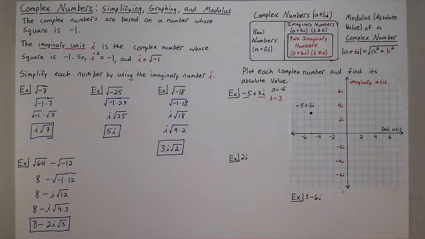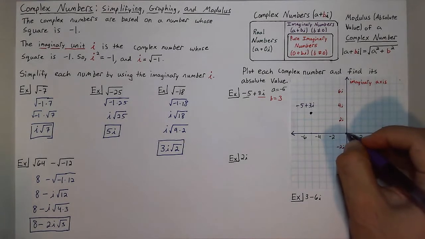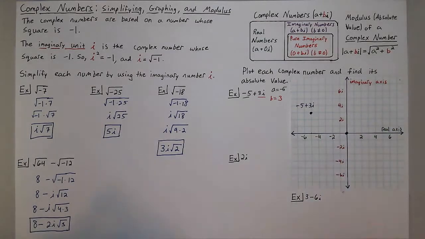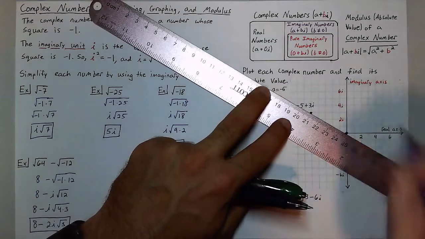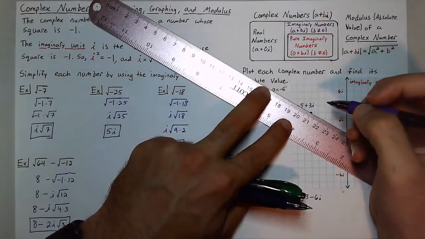Now, this brings us to absolute value, which is typically the distance from 0, which on your number line would be right here at the origin. So what I'm trying to figure out is the distance from my point to the origin. That is what absolute value is.